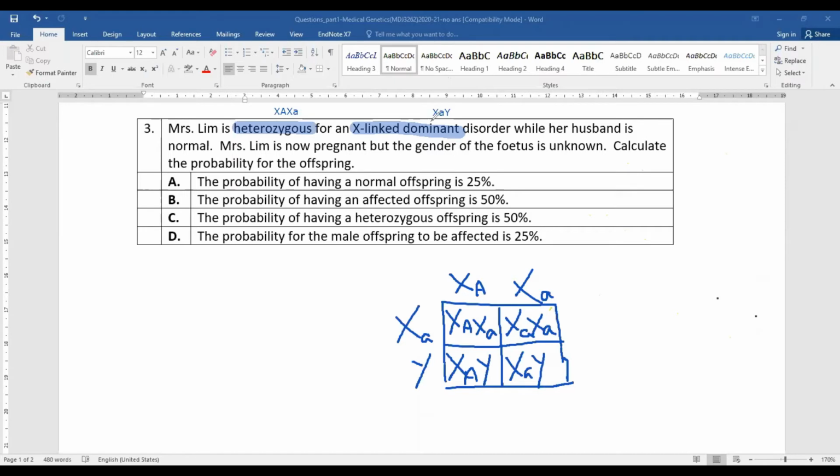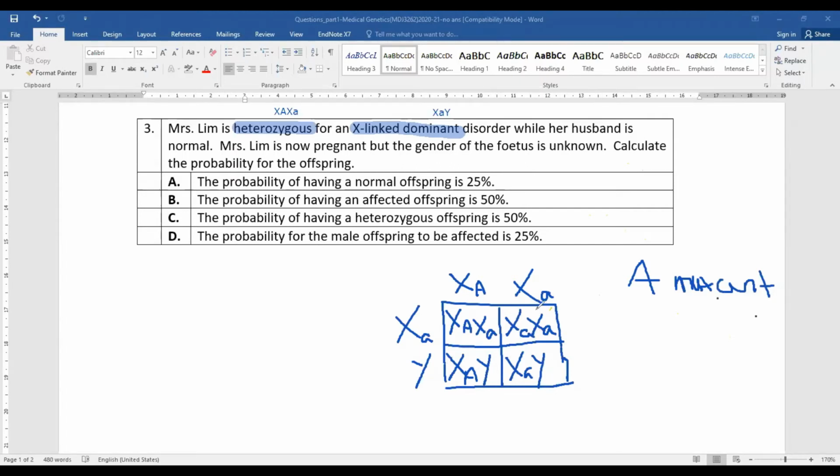Remember that capital A is the mutant allele. So this is the normal allele. This is a mutant. So this one affected, normal, normal. Correct?